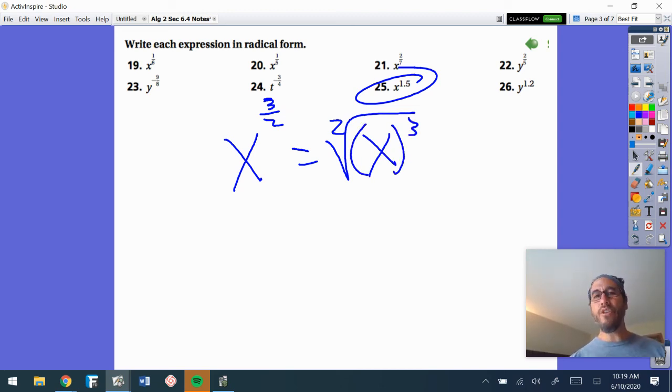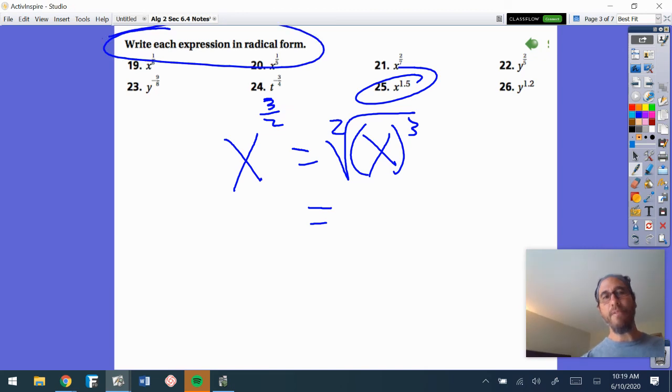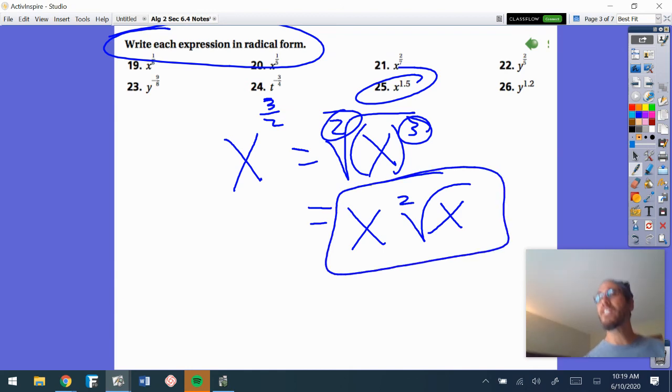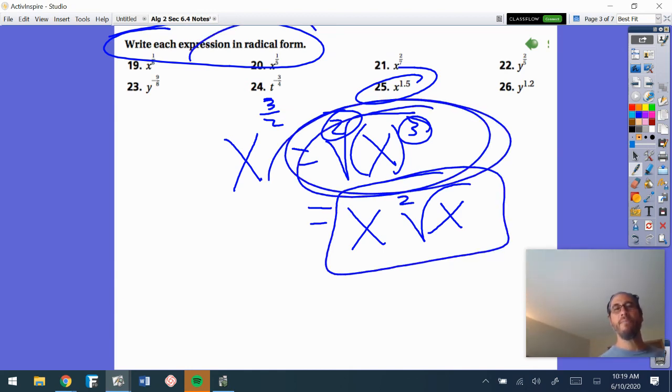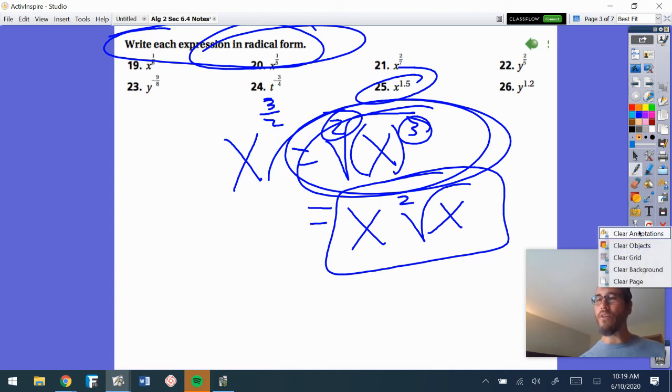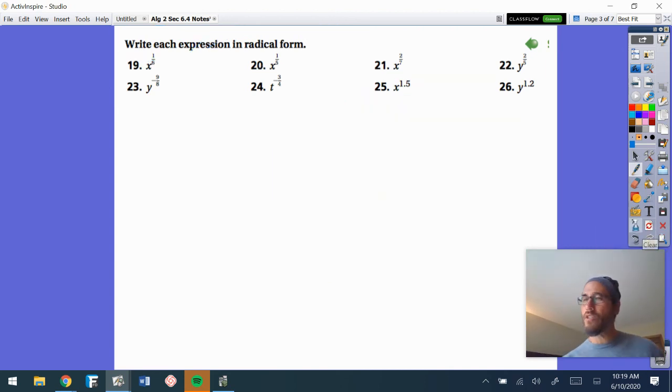Okay, and then you kind of need to simplify this. Well, it just says radical form, so you would be done. But remember, could you do 3 divided by 2? Could you do 2 divided by 2? You could. So it'd actually be x square root x if I simplified. But in this particular example, they just wanted radical form, so you would be donezo once it is in radical form. Okay, so that's page 3.